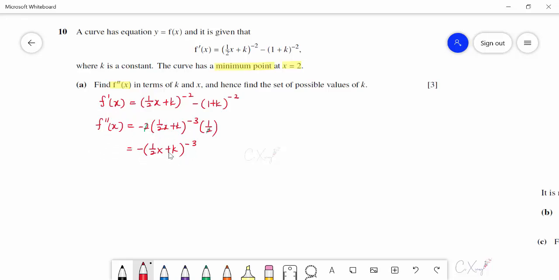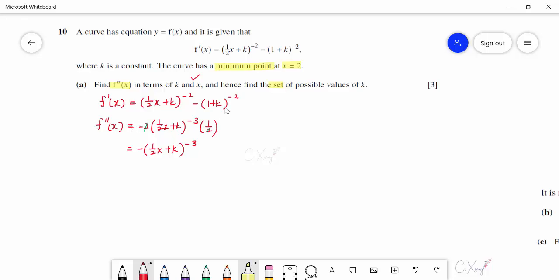So we're done for the first part. For the second part, they want us to find the set of possible values of k. When we talk about maximum points and minimum points in differentiation, we use f prime prime x to decide whether it is a minimum point or a maximum point.